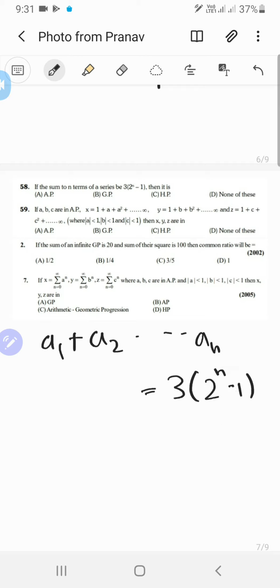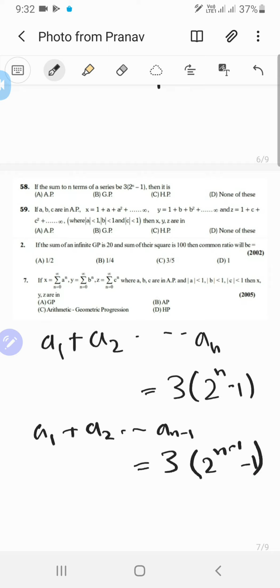Now we also want to know what will be the sum till n minus 1 terms of this series. Using this very formula and putting the value of n as n minus 1, you get 3 times 2 raised to n minus 1 minus 1. So when you subtract these two equations, you get a_n, the nth term of this series.